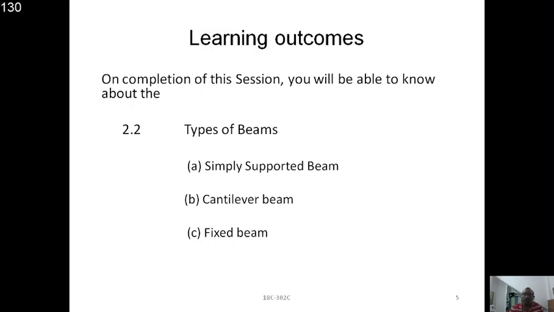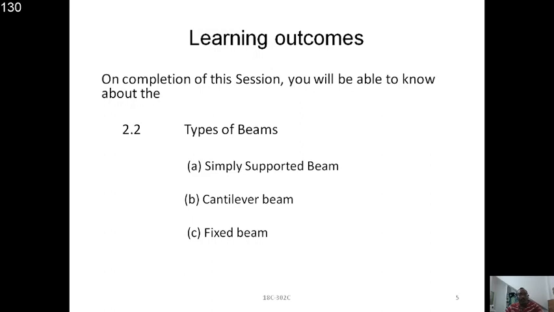The horizontal members are slab and beam, and the vertical structural elements are column and foundation. According to their positions, their axis is defined. So if you want to apply loads on those structural elements, we have to understand their axis.